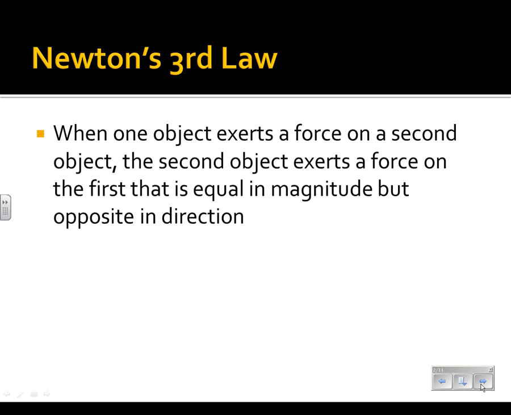But to me, that doesn't make a whole lot of sense. This says, if I push on an object, if I exert a force on that object, it automatically exerts a force back on me that is the same amount of force, but in the opposite direction. Does that make sense?